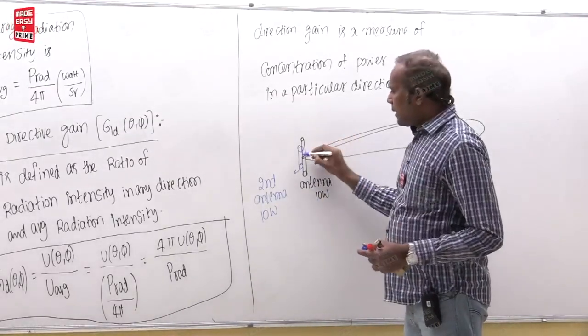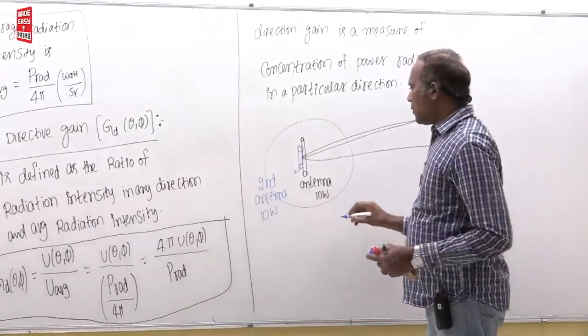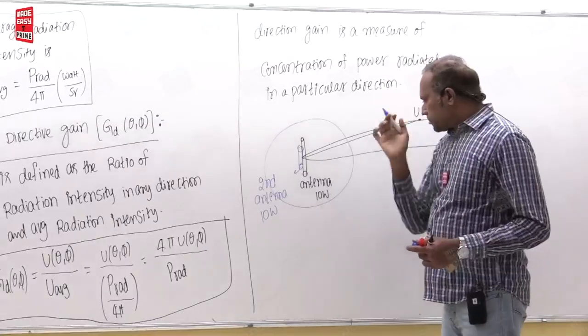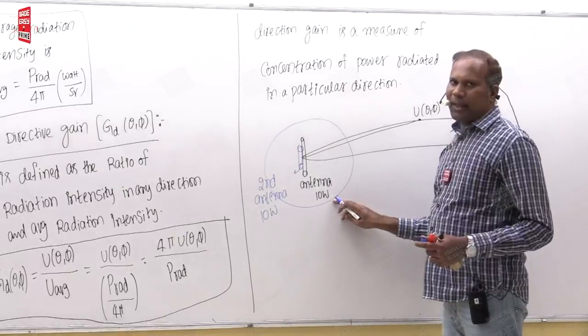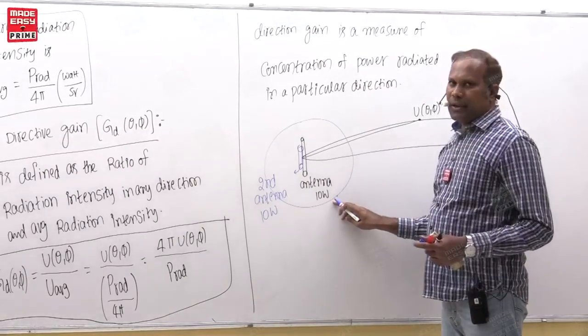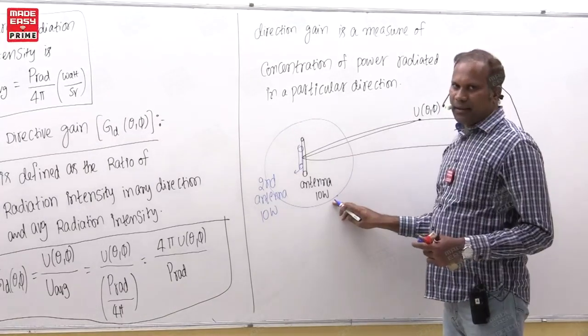So then this blue antenna is going to radiate like this. This one is an isotropic antenna. Iso means same, tropo means direction. So an isotropic antenna means it radiates the same power in every direction.